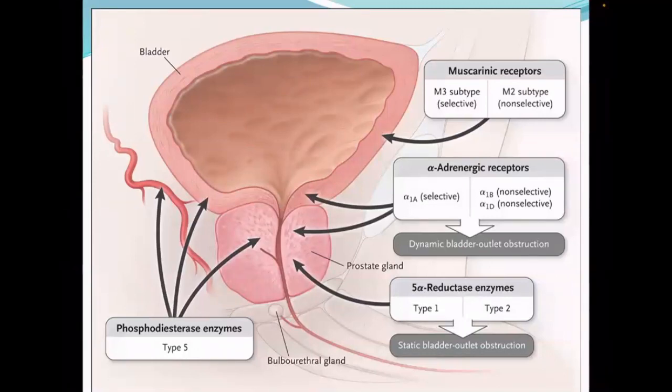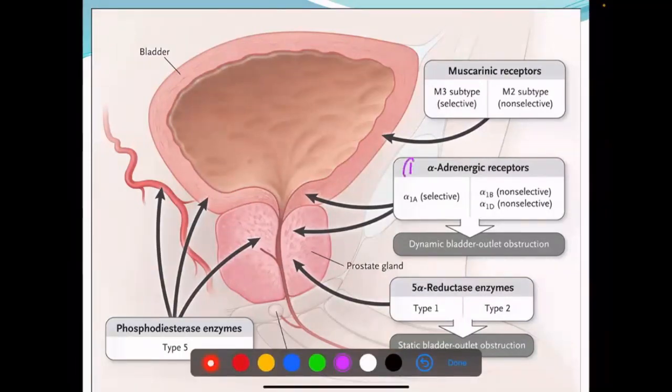Okay, let's see. The most commonly used drug is the alpha receptor blocker. As you know, we have alpha 1A, alpha 1B, alpha 1D. There are so many alphas, but alpha 1A is mainly found around the bladder neck and around the smooth muscles of the prostate.